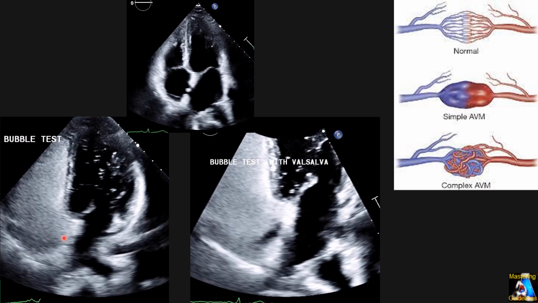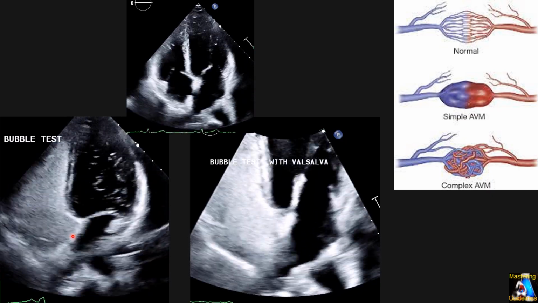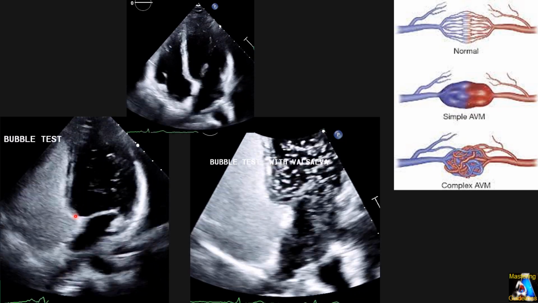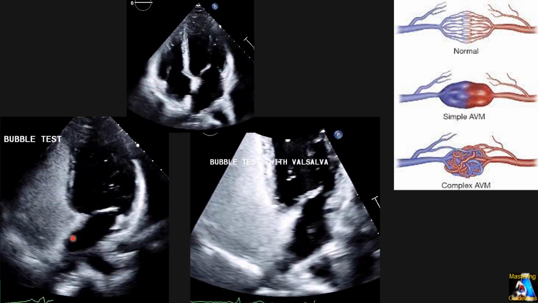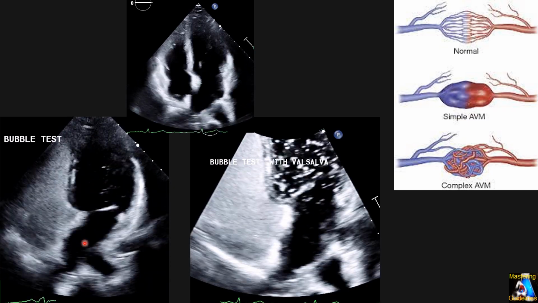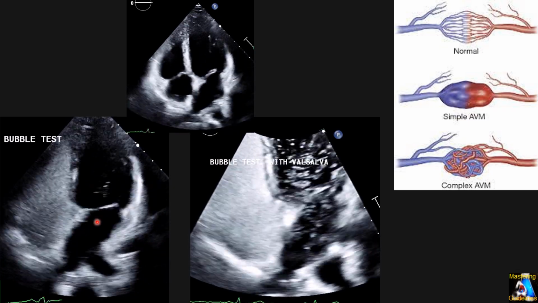So if it's positive, most probably the cause of the TIA or stroke was this shunt. But in those cases with exertional dyspnea, we always have to do Valsalva too.